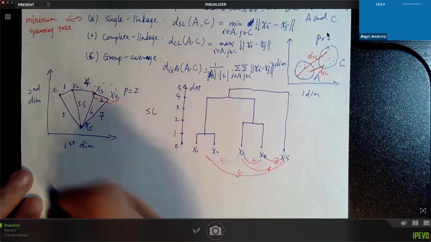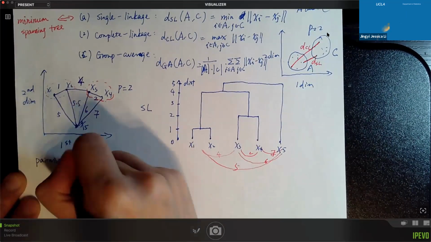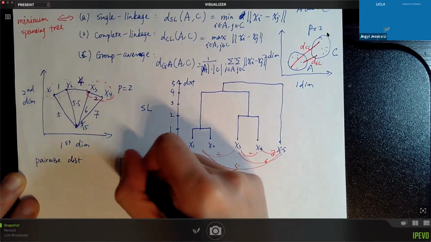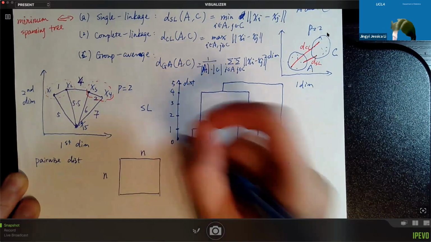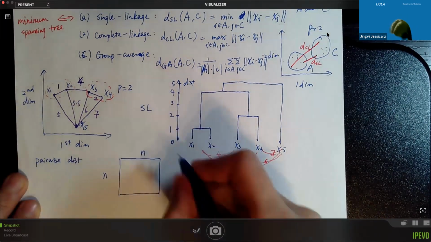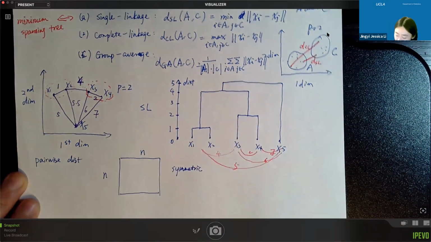You start with a pairwise distance. It's an n by n matrix, and it's symmetric. That's a property of a valid distance metric.